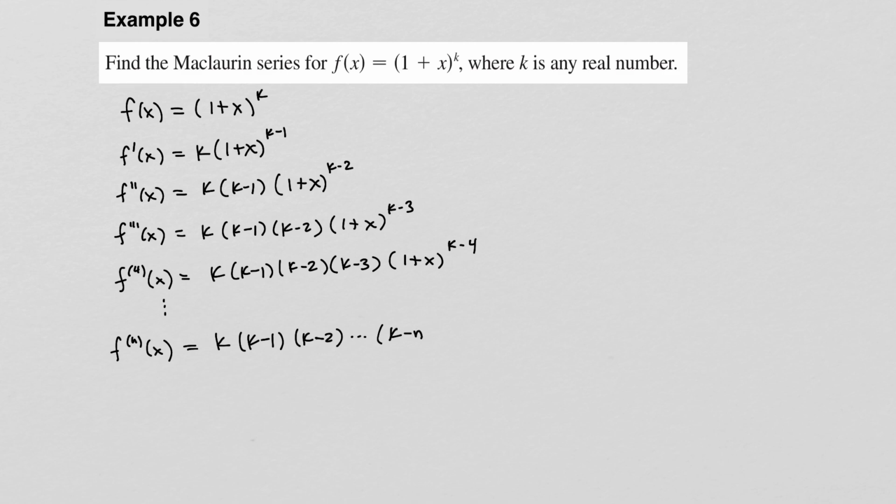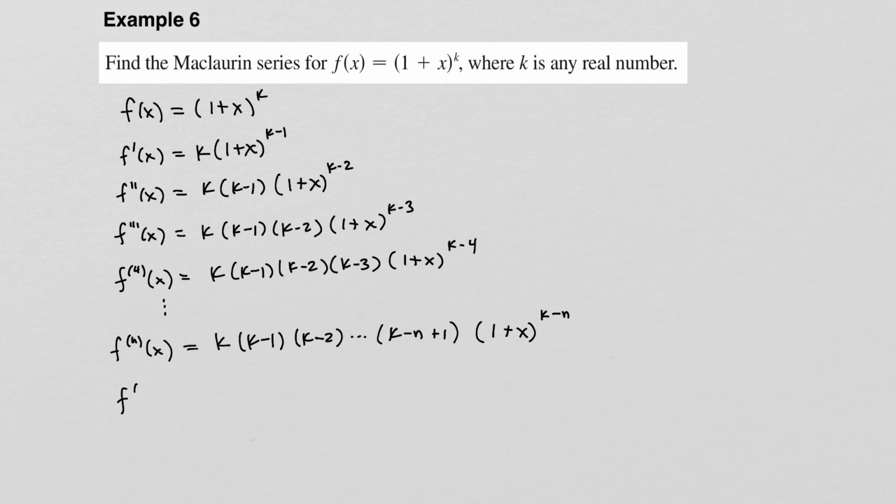Because if that were the case, then these numbers here would match. This number here is not the same number. So to adjust it, we're going to say k minus n plus 1. And then it'll be 1 plus x to the k minus n power, right? So notice that the power up here is always k minus whatever the number of the derivative is.